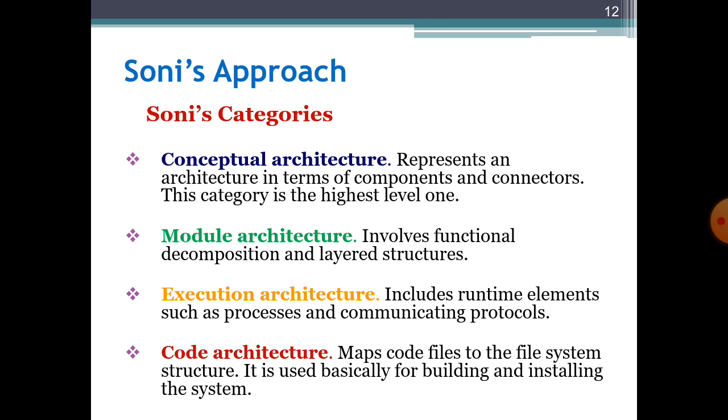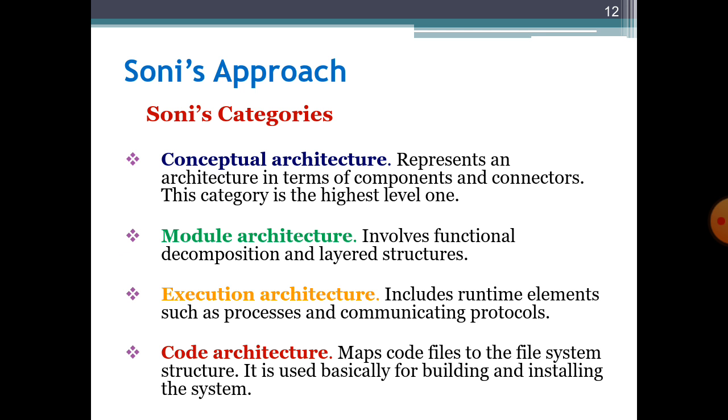So there are four different categories involved in this approach, which is another approach to documenting software architecture. Conceptual architecture represents architecture in terms of components and connectors. This is the highest level of this architecture. The next is the module architecture, which contains the functional decomposition and layer structure.